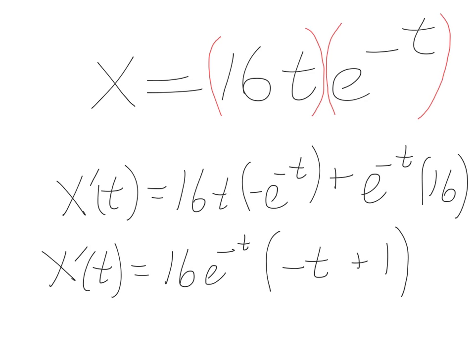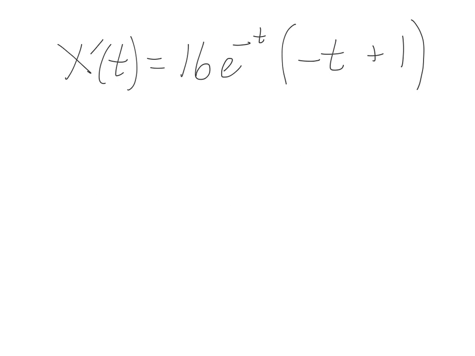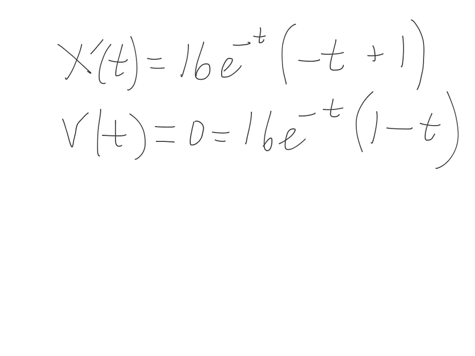In order to simplify this a little bit, I'm going to factor out 16 e to the minus t, because I'm ultimately going to set this x prime of t equal to 0, because remember my original plan is to set velocity equal to 0, and the only way I can do this is to factor. So I'm going to set x prime of t equal to velocity, and then I'm going to set velocity equal to 0 because the problem originally asked, when does the particle momentarily stop?